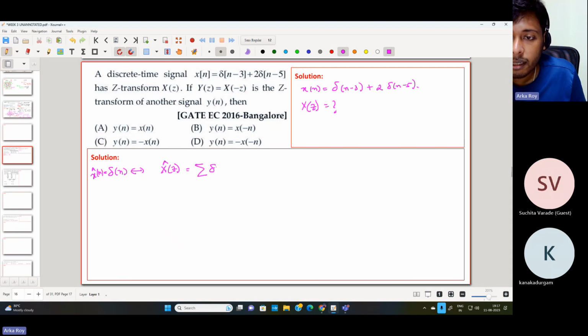So I can write the sum of delta[n] z to the power minus n, n equals minus infinity to infinity.